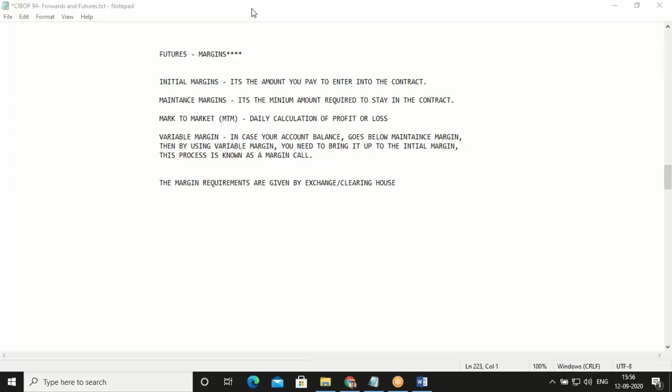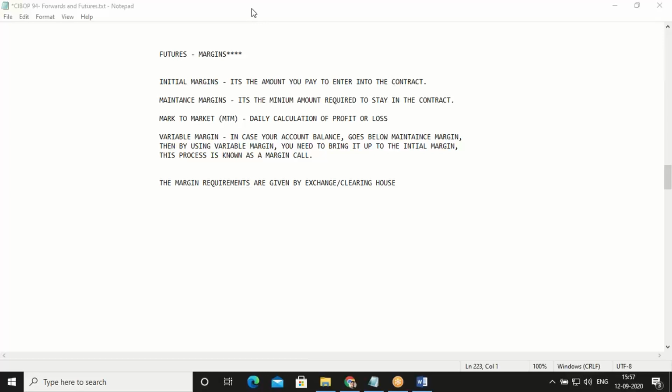Initial is what you pay to enter. Both the buyer and seller of the futures contract have to pay an initial margin to enter, and they both have to maintain a minimum amount, known as the maintenance margin, to stay in the futures contract.